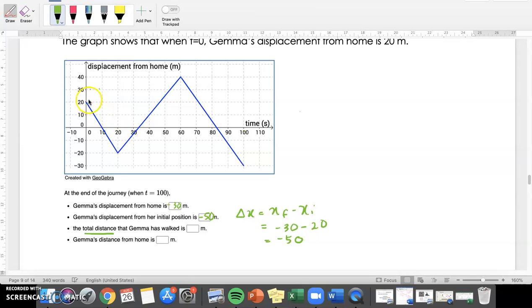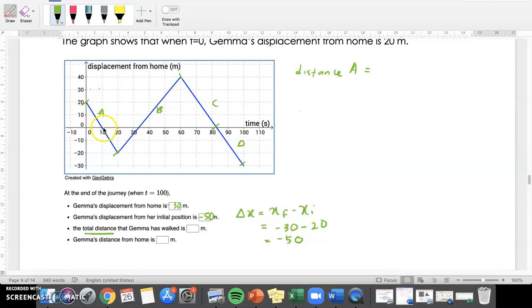So I'm going to divide these into sections. So this is section A, section B, section C, and section D. I'm just going to calculate the distance now. So distance from section A. I started at 20 and I ended at minus 20. How far did I travel?